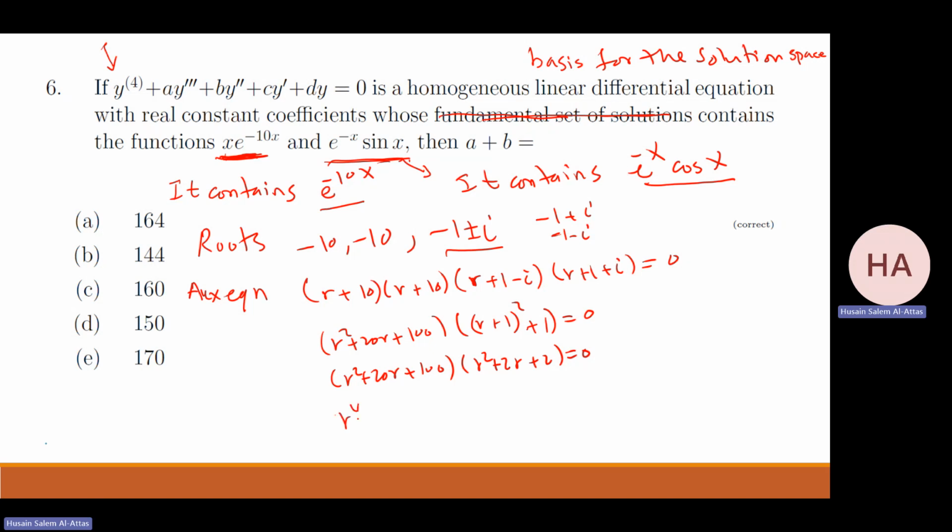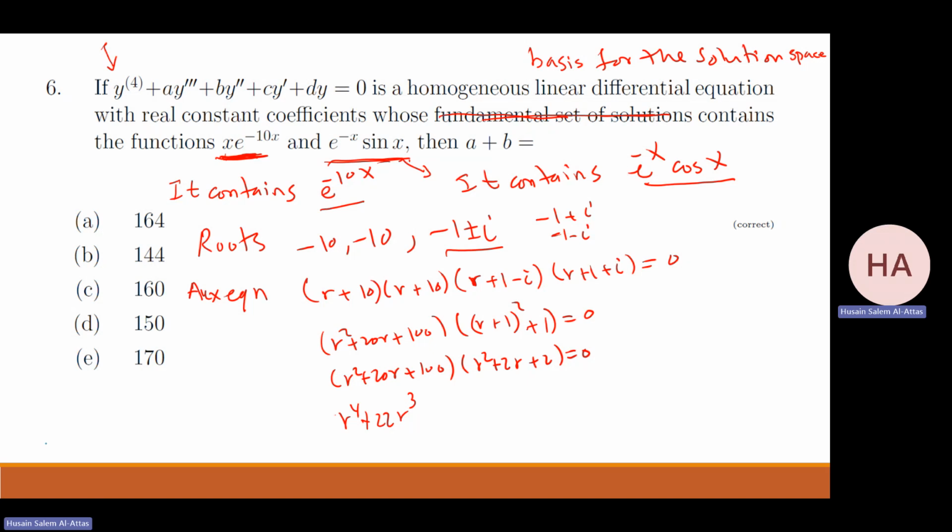I have r to the power 4. Now to get r cubed, I need 20r times r squared and 2r times r squared. That's the only one which will bring r cubed. So I have 22 r cubed. Okay. Now, what will bring r squared? Yeah, I need to be careful here.